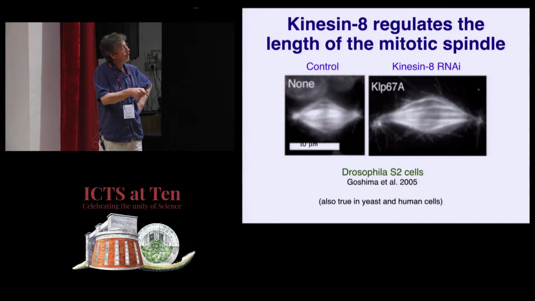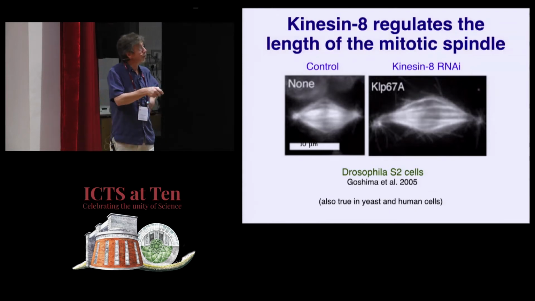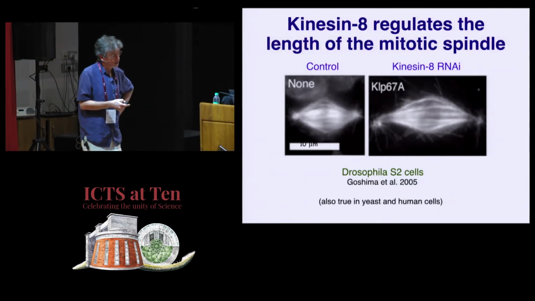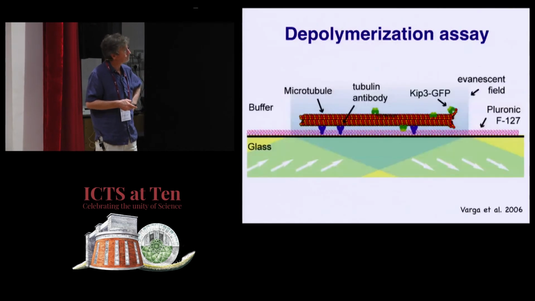And if you knock out or knock down this kinesin 8, then the mitotic spindle gets larger. And if you overexpress the kinesin 8, the mitotic spindle gets shorter. This is seen in Drosophila cells, but it's also true in yeast cells and human cells. A very universal finding. So the question is, how does kinesin 8 regulate the length of the spindle?